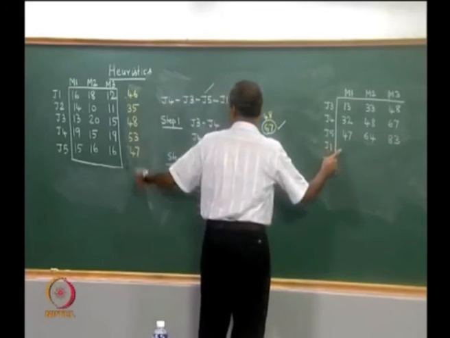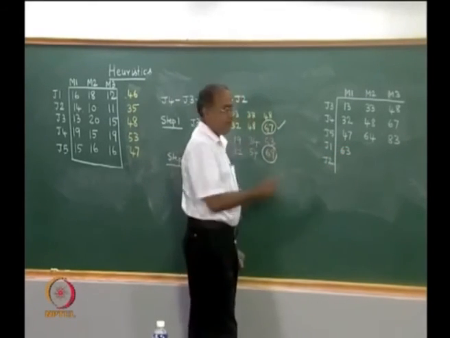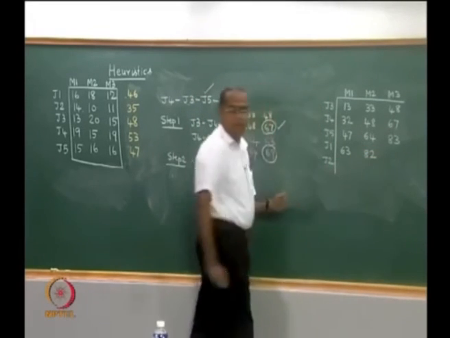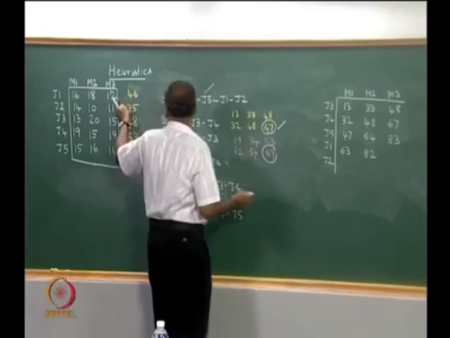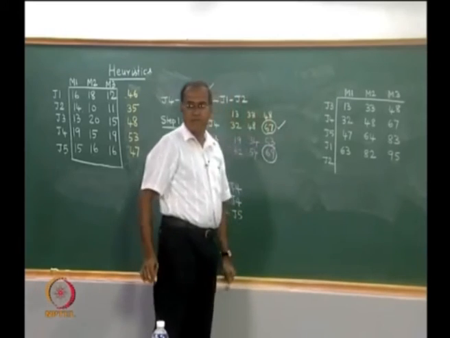Then comes J1, starts at 47 plus 16, 63, waits till 64, 64 plus 18, 82, waits till 83, takes another 12 and finishes at 95.